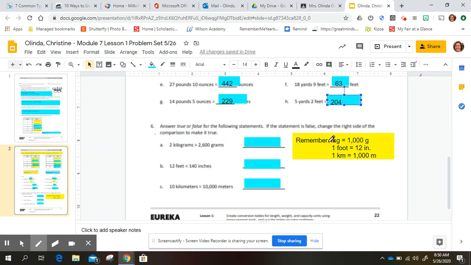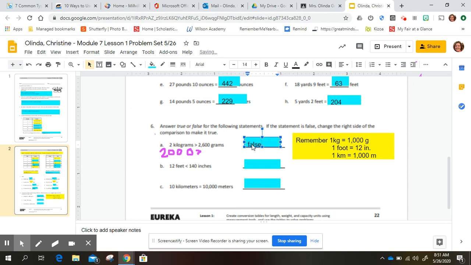Well, 1 kilogram equals 1,000. So if I have 2 kilograms, that would be 2,000 grams. So is 2,000 grams bigger or greater than 2,600 grams? And that answer would be false because 2,000 is not bigger. So we're going to write false.